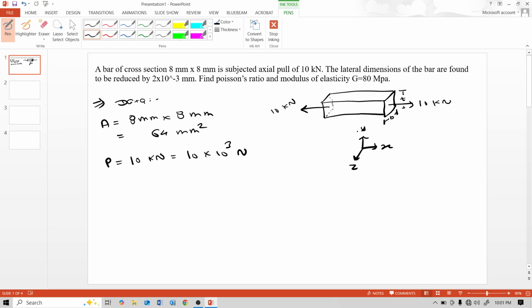Lateral dimensions of this bar are this y-axis and z-axis, this vertical y-axis and z-axis. This thickness T is a lateral dimension of this bar. So change in thickness is equal to 2 into 10 raised to minus 3 mm.